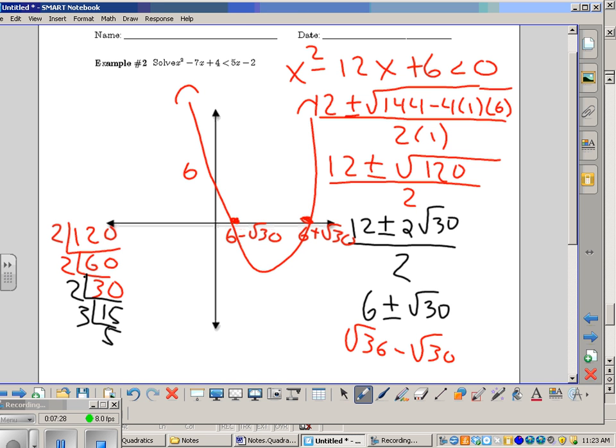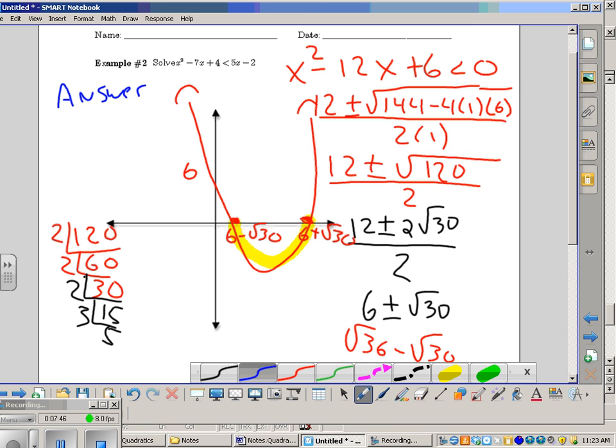So when is that graph less than 0? It's going to be less than 0 between, let's highlight it, between those 2 points. So let's write it down, and we'll be done. So the answer, I noticed this should be a dotted line because it's less than or greater than.